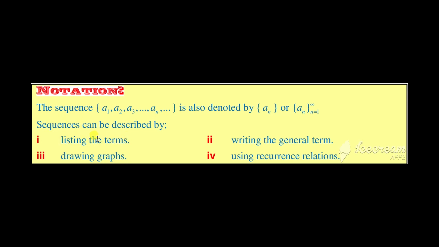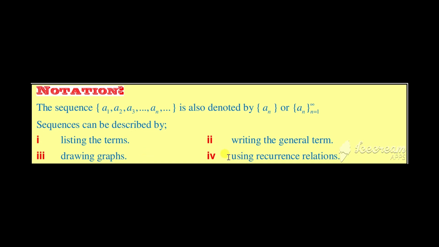If the sequence is given by listing terms, we can find the general term, but most of the time finding the general term is not easy. Also, if the listing of terms is given, we can draw their graphs on a coordinate plane.